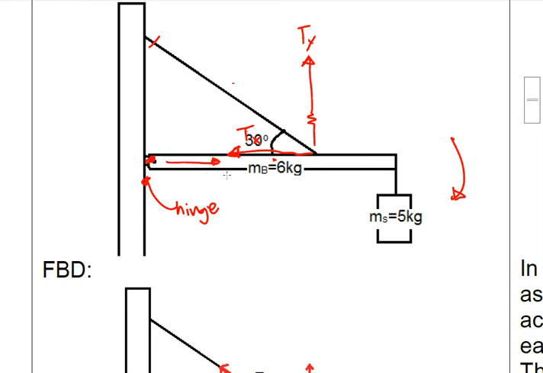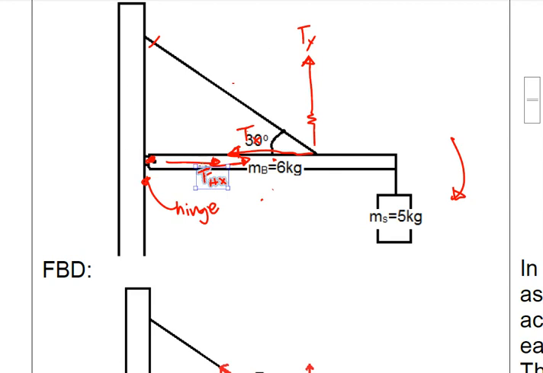Let us have this one as the force of the hinge along x, which counterbalances the force along x due to the tensional force along x.